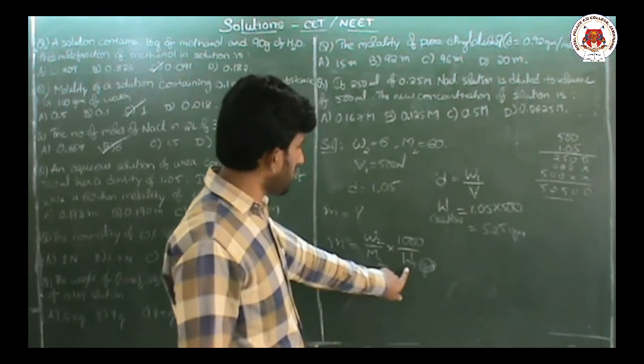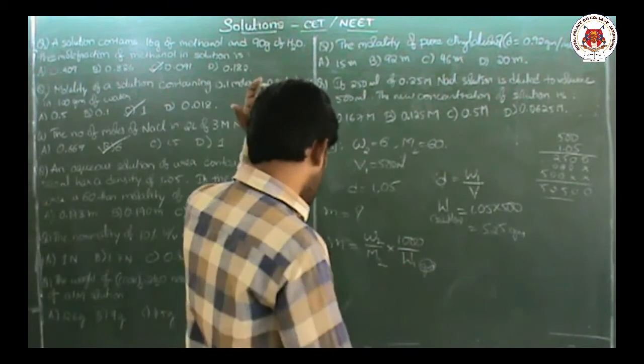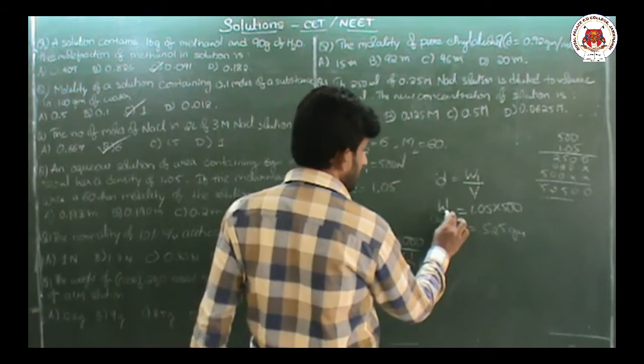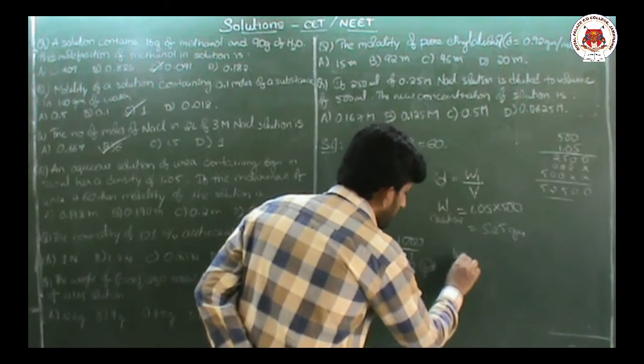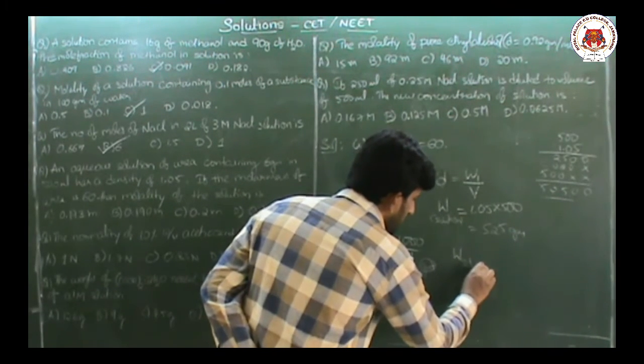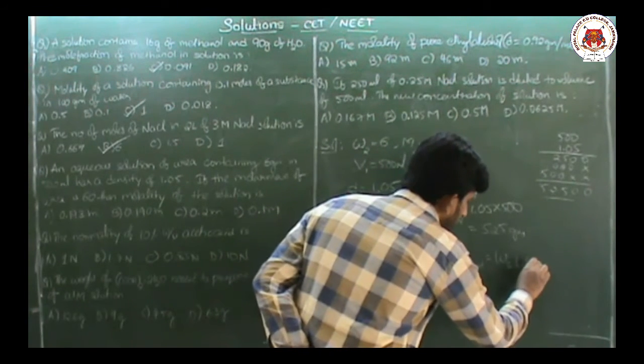But in the molarity formula, weight must be of solvent. So this weight is solution weight. Then what will be the weight of solvent? Weight of solvent will be equal to weight of solution minus weight of solute.